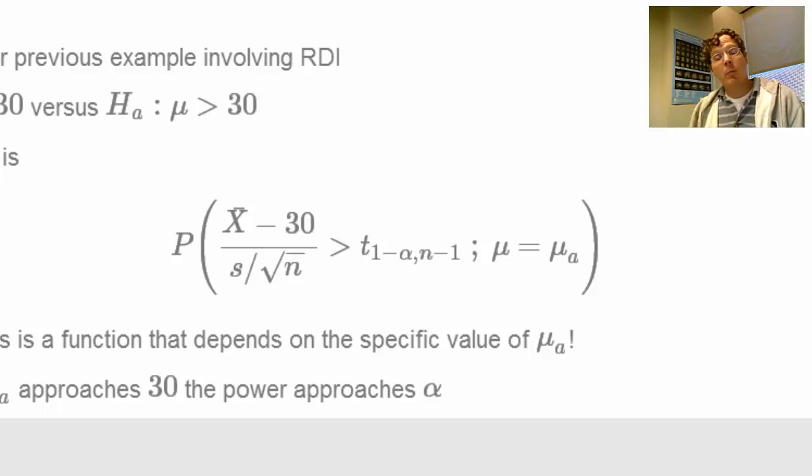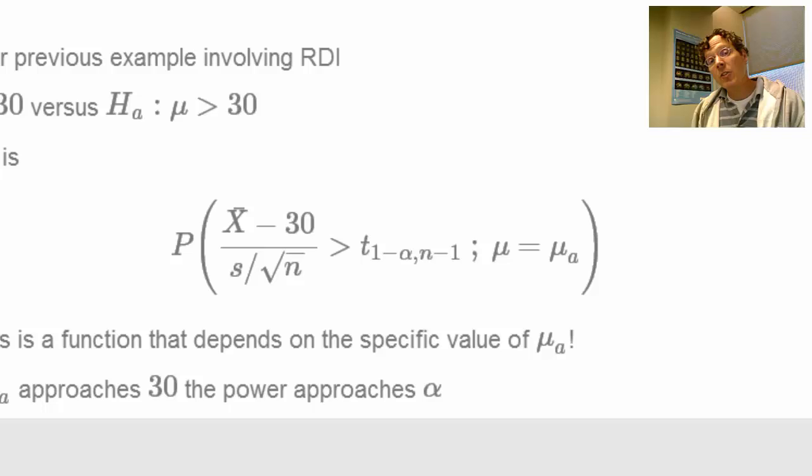Now imagine if I were to plug in a mu_a of, say, 60, then this will be a large number. And that makes sense, right? Because if we want to detect whether or not the mean for this population is 30 or not, and it's really 60, then we should have a lot of power to detect that, because when we collect our data, there will be values around 60 instead of values around 30.